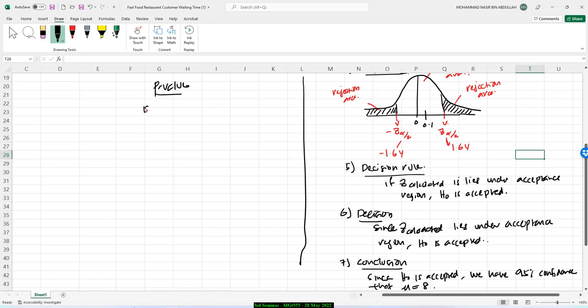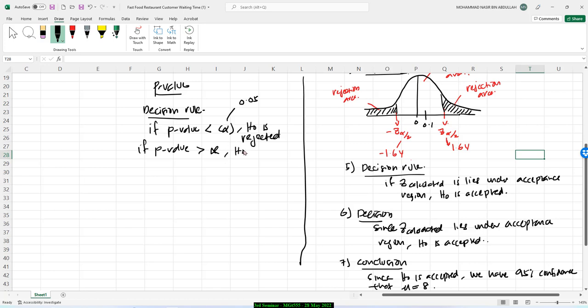Right? So decision rule. If the p-value is less than alpha, our alpha is 0.05, right? Null hypothesis is rejected. So if the p-value is more than alpha, which is 0.05, null hypothesis is accepted.